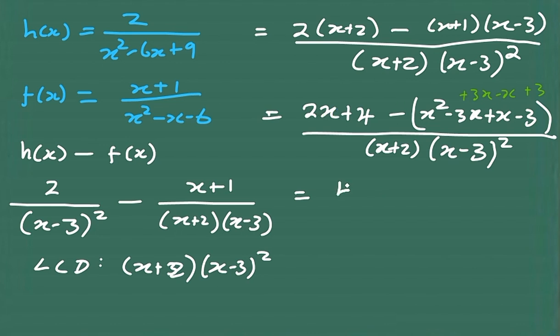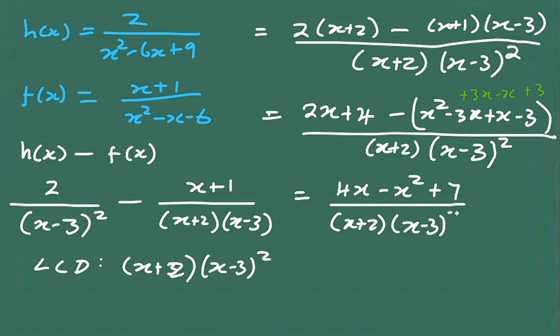So this is going to be 4x. And this will be minus x squared, and 4 plus 3 will give us plus 7. So this is all divided by x plus 2 times x minus 3 all squared.